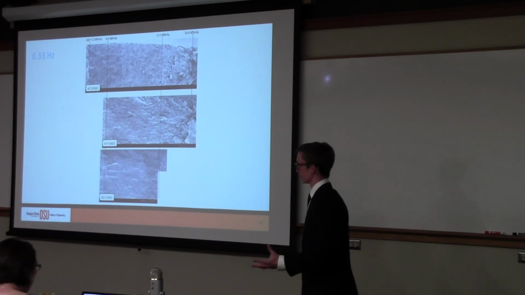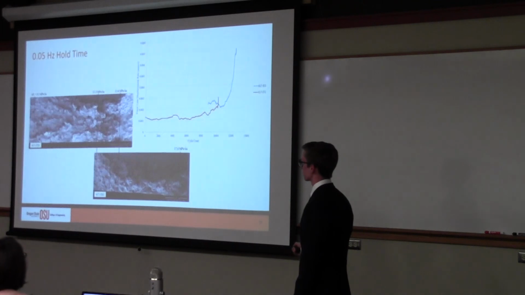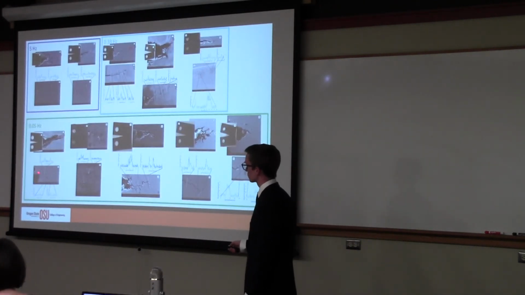My assumption is that the crack growth rates change when you remove the protective oxide layer behind this sharp crack tip that has no oxygen on it.